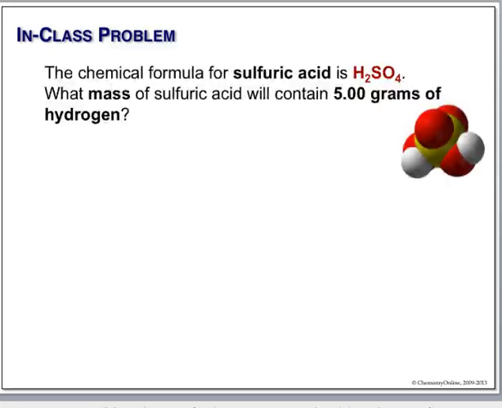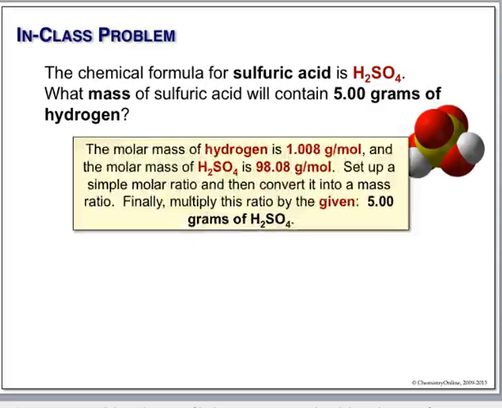All right, we want to know how much sulfuric acid we need to have 5 grams of hydrogen. Now that might sound like a funny question, but let's figure out how we're going to do that. Hydrogen is 1, sulfuric acid is 98. Our given here is grams of hydrogen.